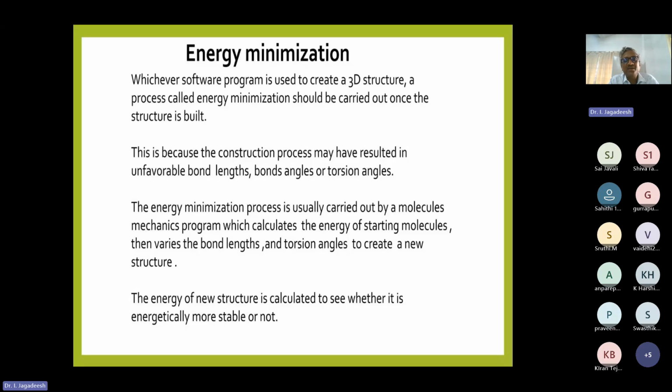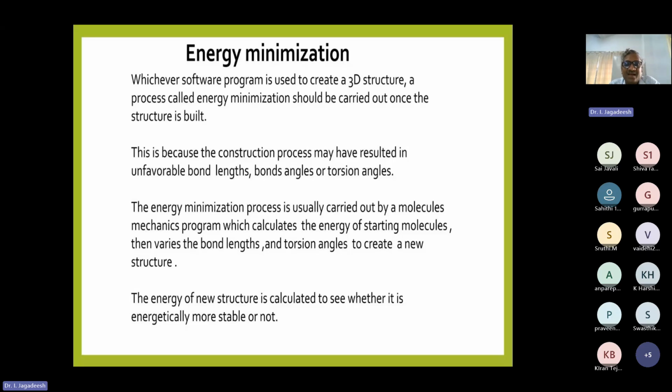It is not going to work if the drug is at a high energy, because in the real state, the molecule will be present at the least energy only. It will not be distorted in natural cases. It will be free floating in our blood and plasma in our body. So it is not in high energy states. So we have to bring it back to a low energy state before docking. That is the criterion we need to take.